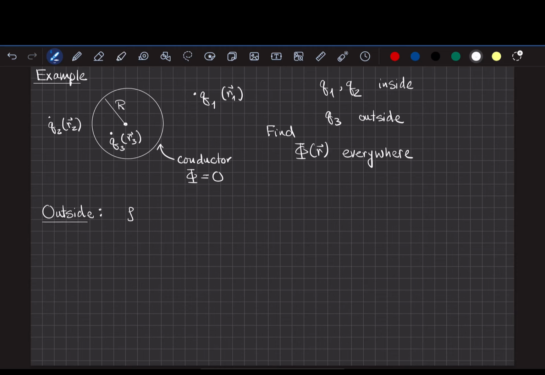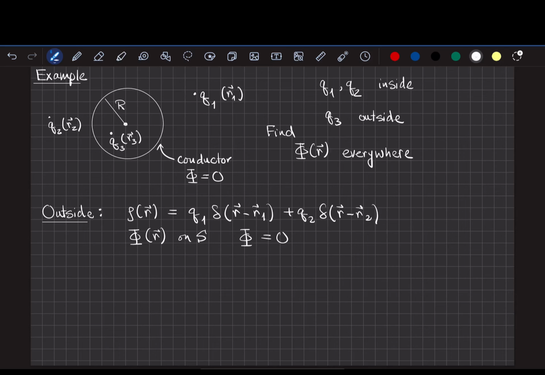So what is our charge density outside the sphere? Charge density is due to these 2 point charges. So we have q1 delta r minus r1 and q2 delta r minus r2. And what is the potential on the surface? It is basically 0.